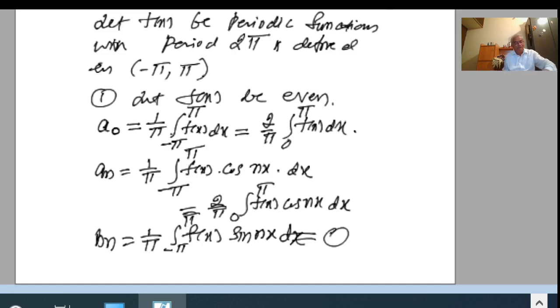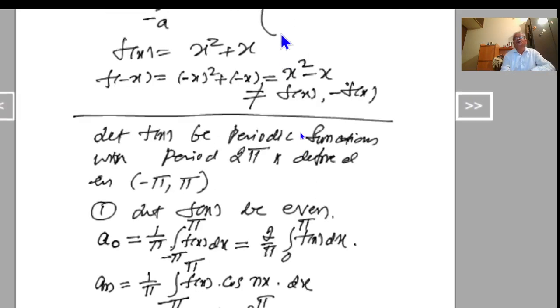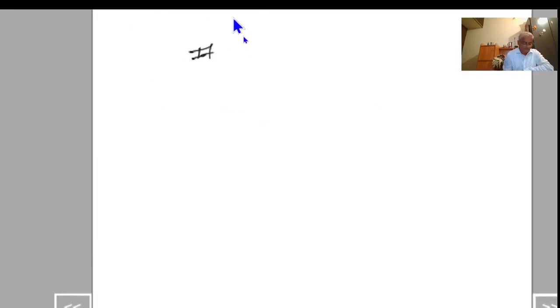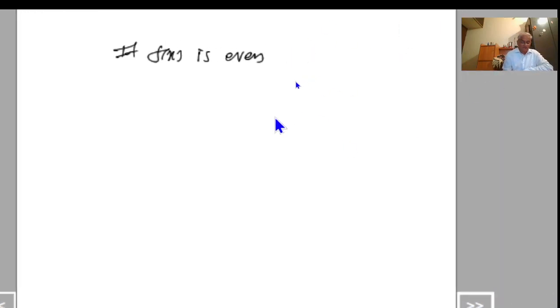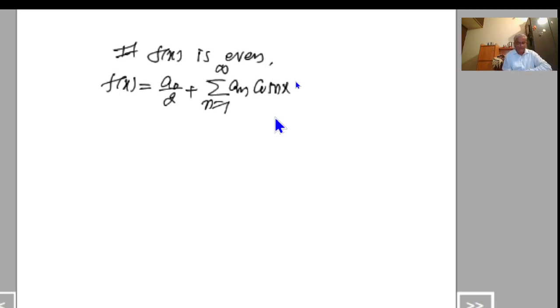So finally the conclusion is, if f of x is even, then f of x is equal to a naught by 2 plus the summation n from 1 to infinity of an into cos nx, plus, in this case bn equal to 0.